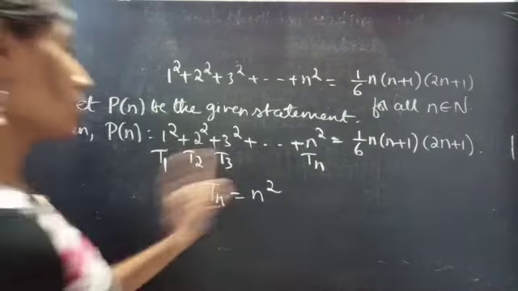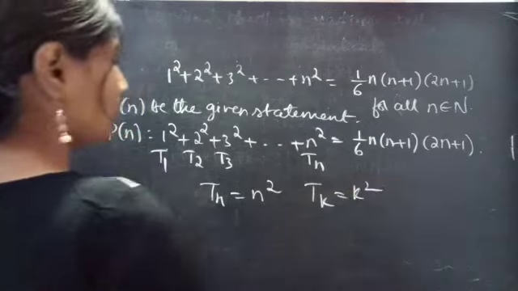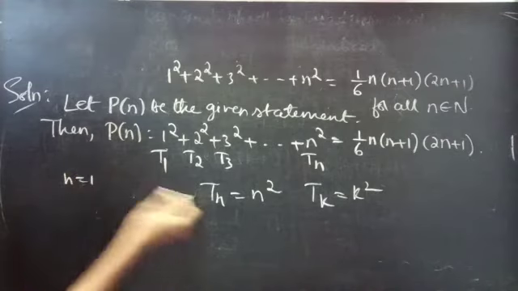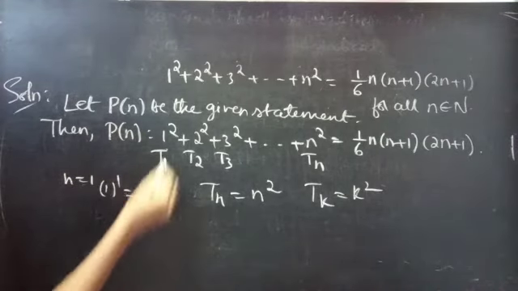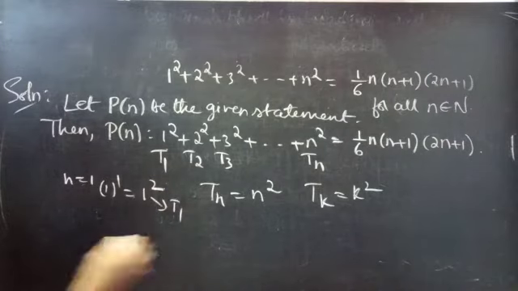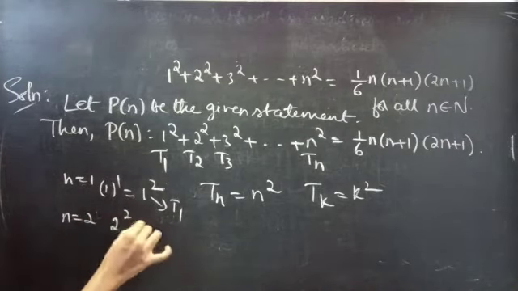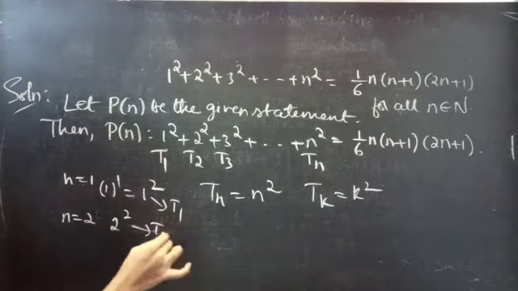If this is your nth term, what will be the kth term? Simply Tk equals k square. If you substitute n equals 1 in Tn, you get 1 square, that is the first term. When you substitute n equals 2, you get 2 square, which is your second term.